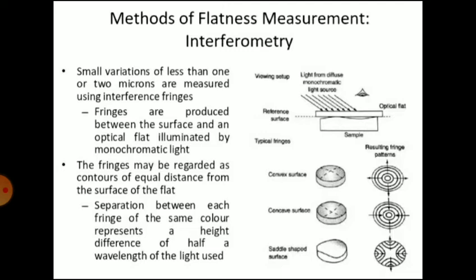The fringes may be regarded as contours of equal distance from the surface of the flat. Separation between each fringe of the same color represents a height difference of half a wavelength of the light used.